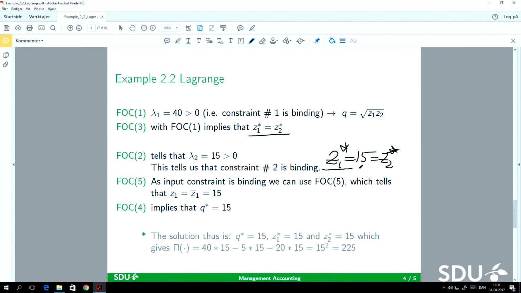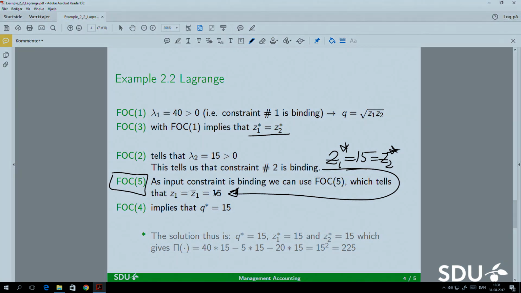This part came from our knowledge of what our maximum input is, or you can just look at the first order condition 5. I have left out some of the technical details. So the first order condition tells us C1 equals 15, we have to verify that this actually applies, that we are on our capacity limit. In this case, that's true.